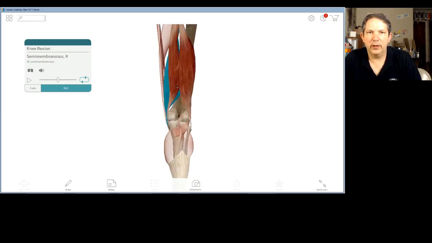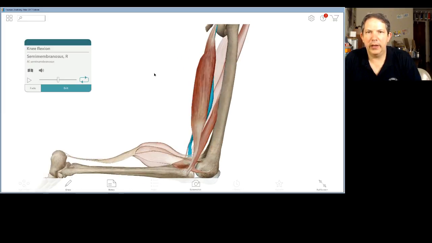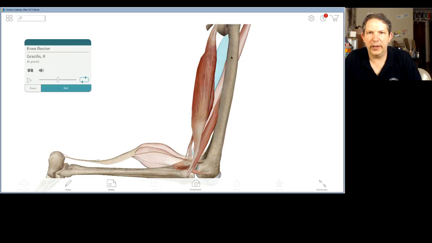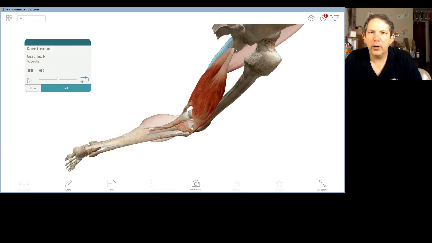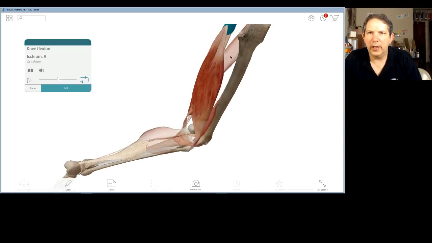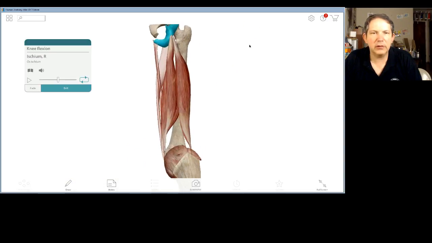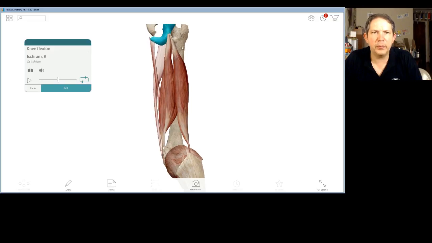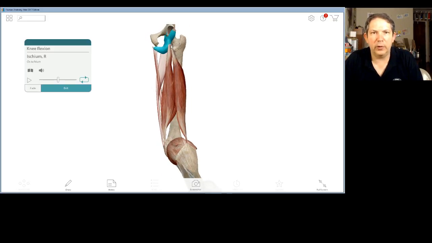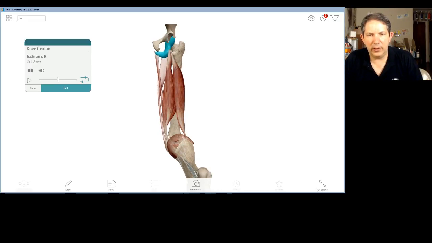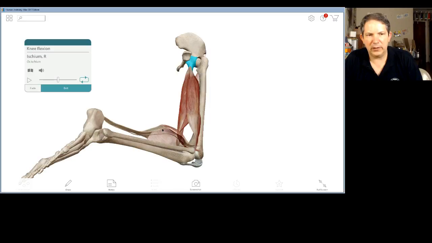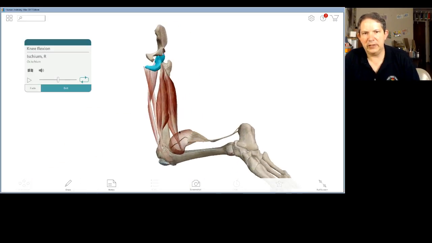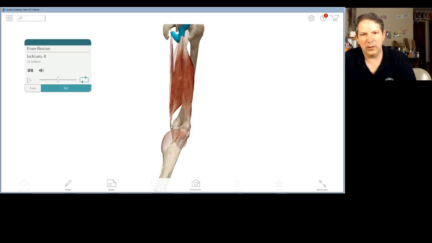And all of these share a common origin. This is your ischium, and I can't quite position this correctly to show the ischial tuberosity. The bony portion of your behind is where they're all three originating. And they come down and they insert onto the tibia, but there is a difference as to the sides, and you can feel this. Feel the back of your knee, your popliteal fossa, and you can feel the tendons on both sides.